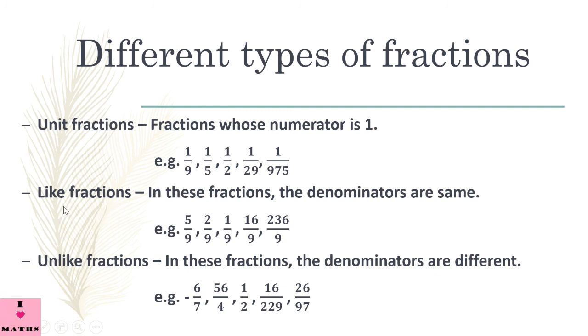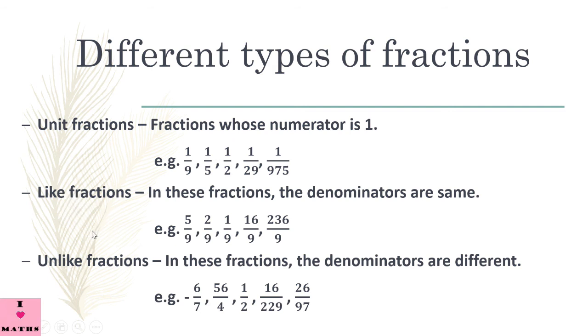Okay. Now, like fractions. Children, in like fractions, the denominators are the same. So two fractions or more than two fractions which have the same denominators are called like fractions. For example, the word like, when we use it in English, we say, I am like my father.